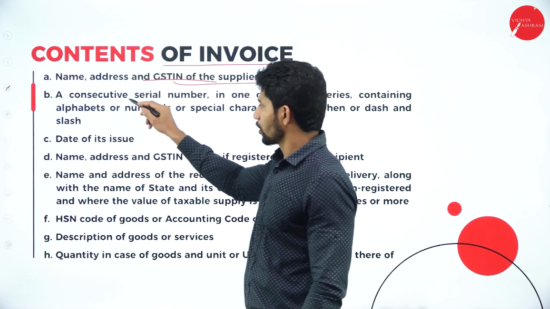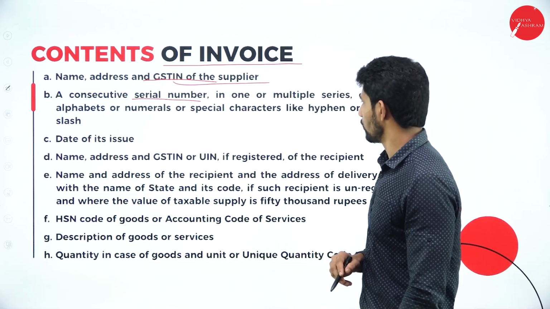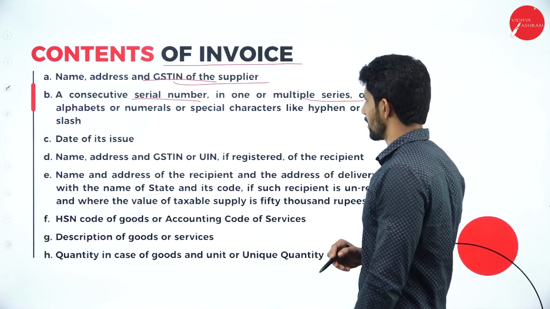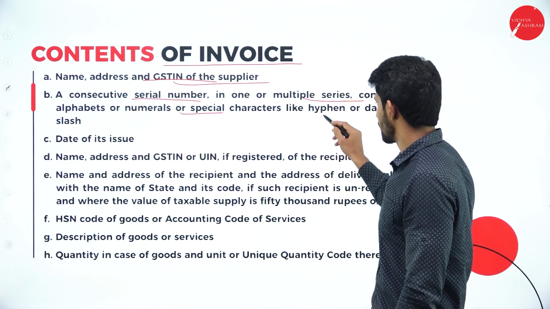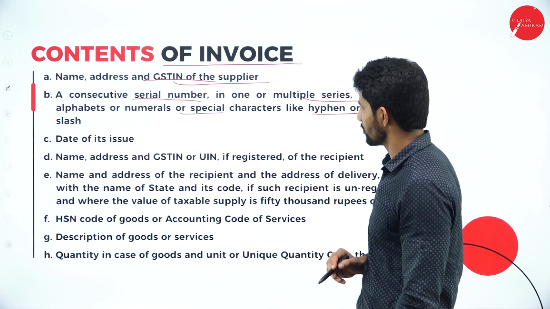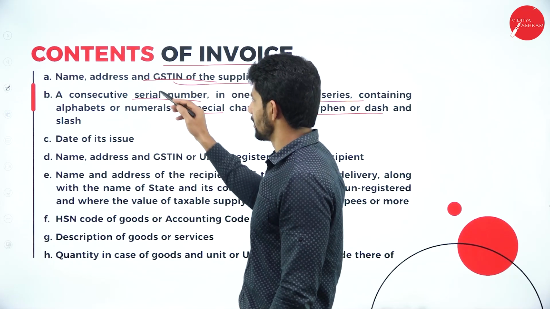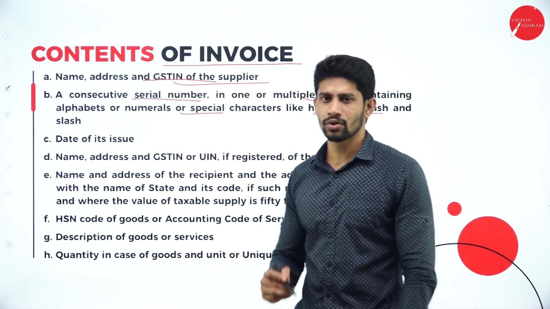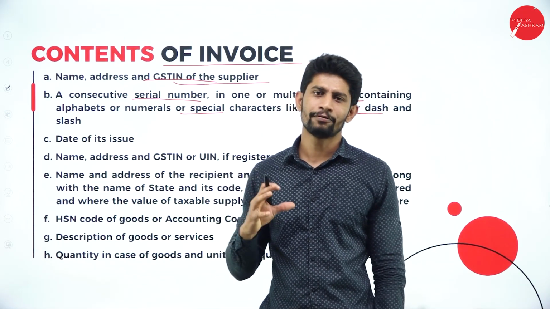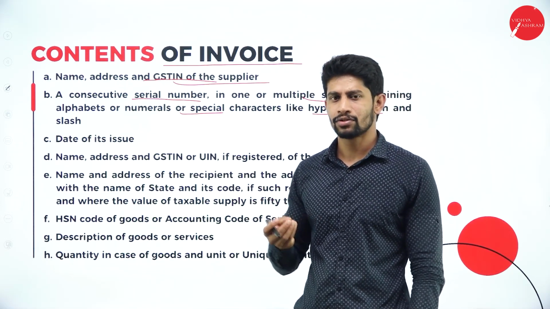Second, a consecutive serial number in one or multiple series containing alphabets and numerals or special characters like hyphen or dash and slash. This is with respect to the invoice number, which is inclusive of both alphanumerical formats.